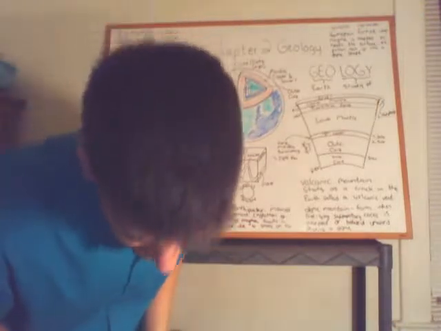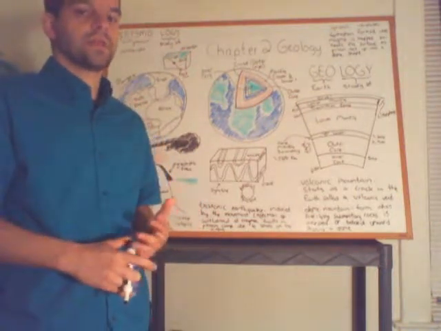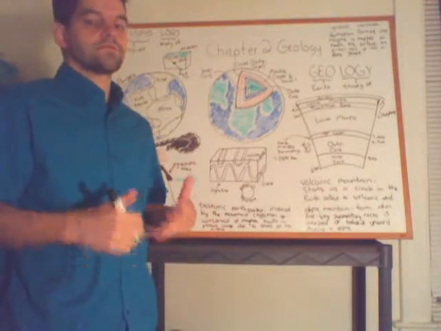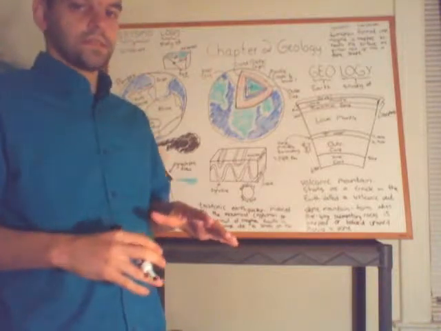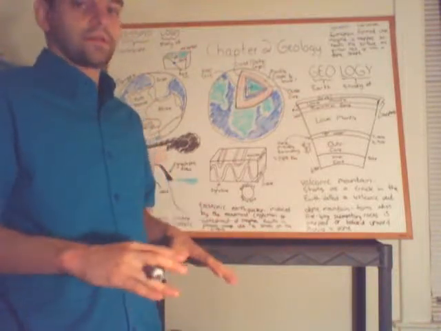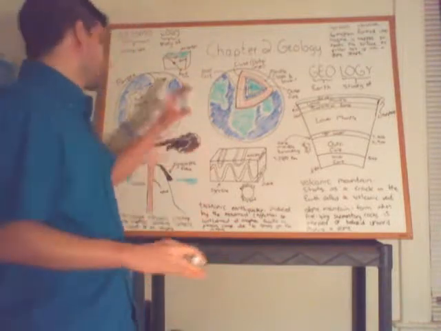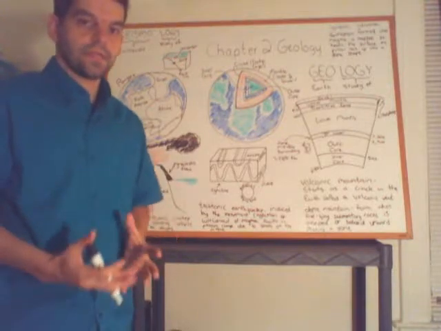The next question says, briefly describe the theory of plate tectonics. Again, that was the idea in 1859 that there were 8 large plates as well as several smaller plates that existed and interacted together. With that idea, we also had the idea of Pangea being the supercontinent.